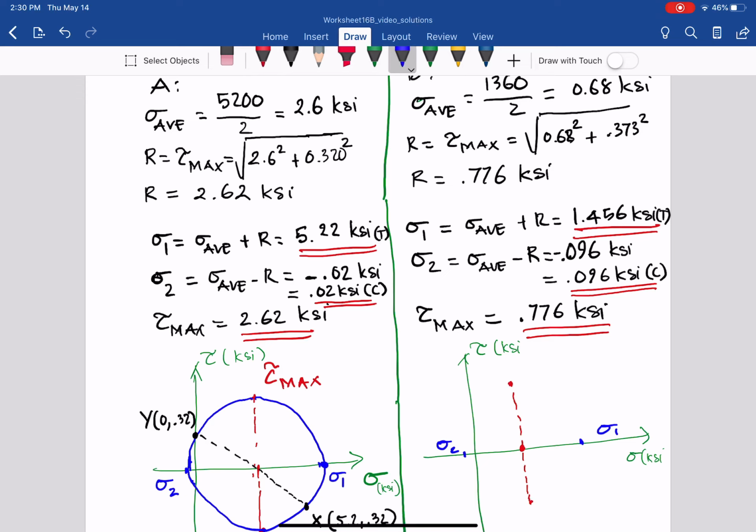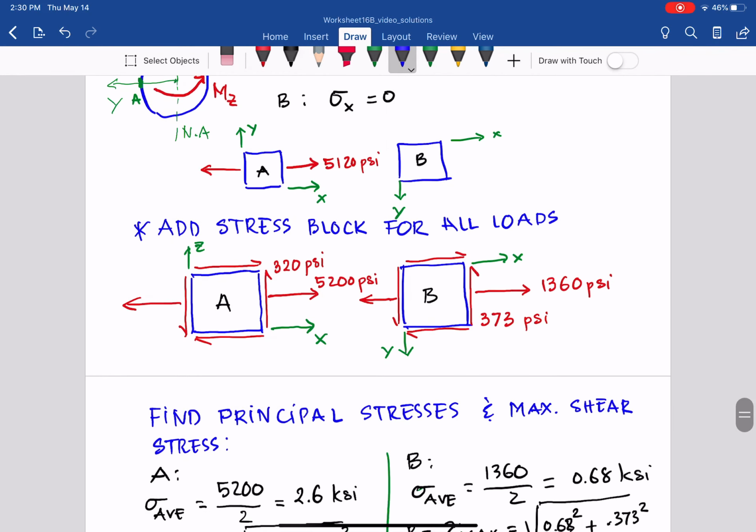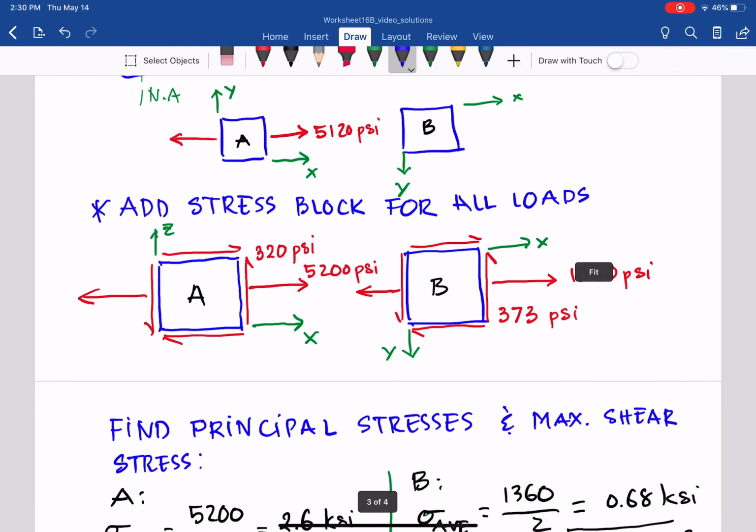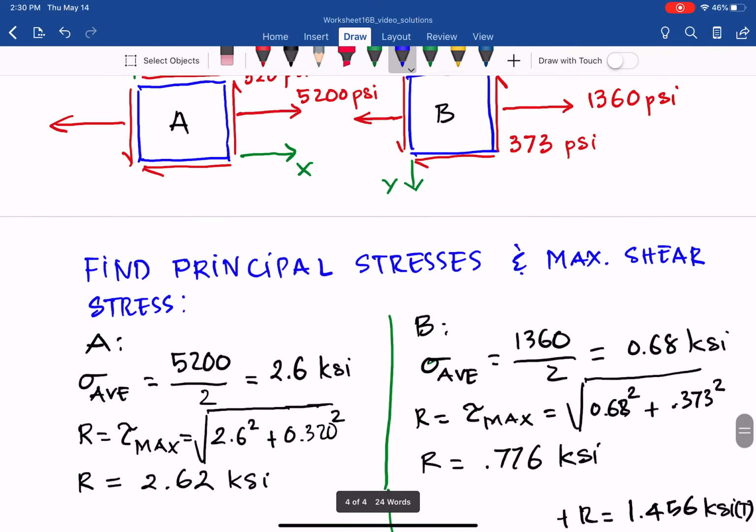So again we can find a similar Mohr circle. And the x plane, the positive x plane, is 1.36 ksi and 0.373 psi, and it is counterclockwise, so it's also negative.